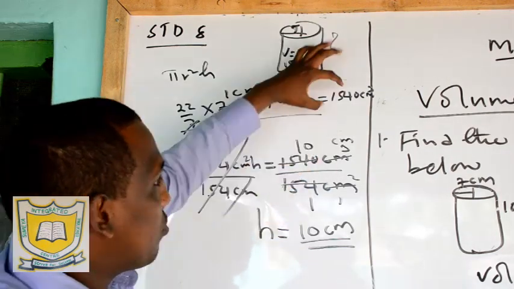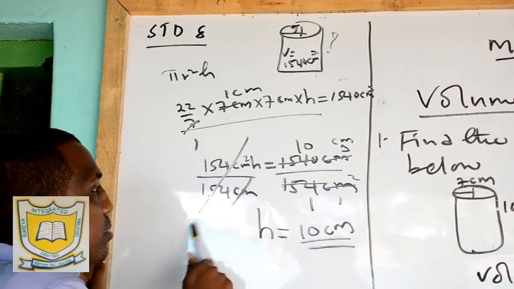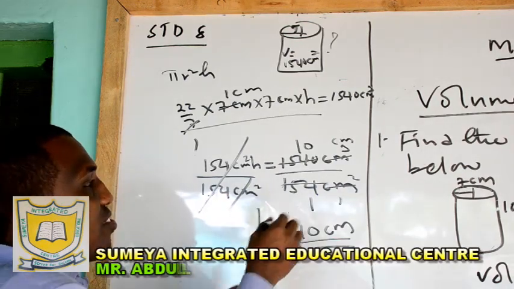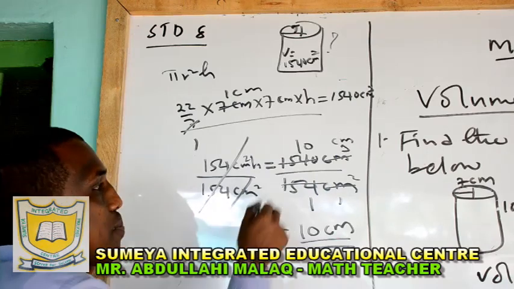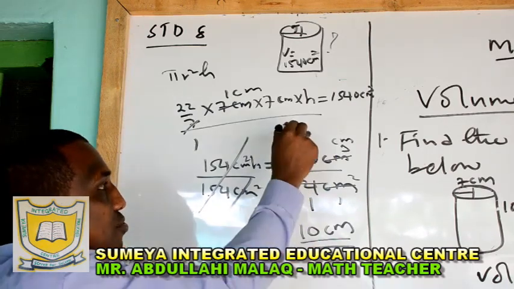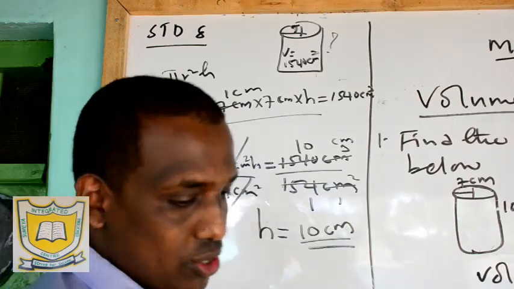Now it is equal to 1540 centimeter cube. 154 centimeter squared over 154 centimeter squared, they go together. H will remain. 1540 by 154, you will get 10 centimeter. That's how we get the height of that figure.